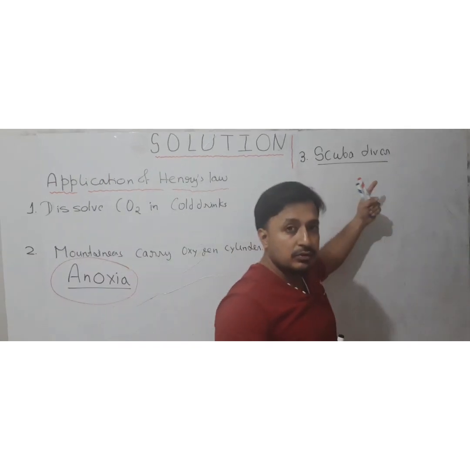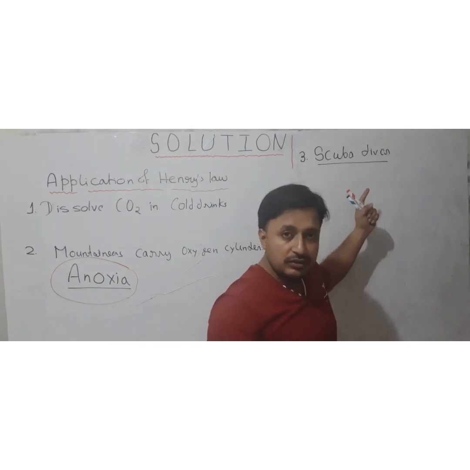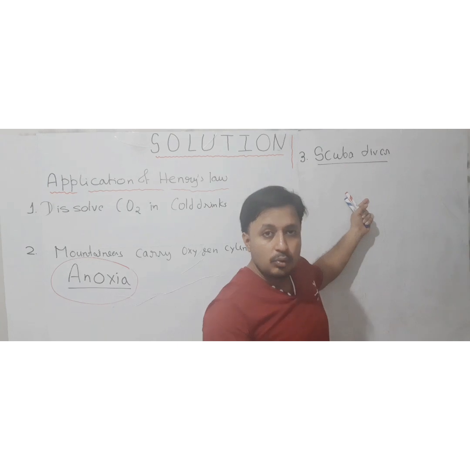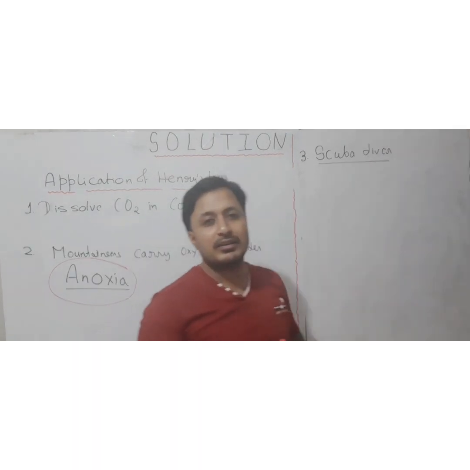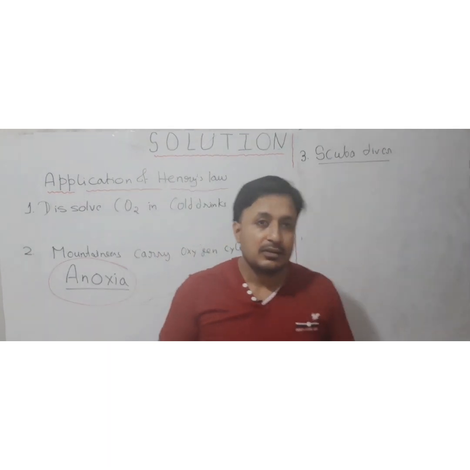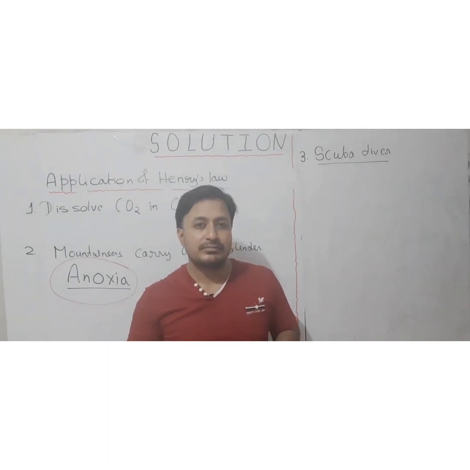So those scuba divers used to carry the oxygen cylinder under the sea in order to have a sufficient amount of oxygen. Okay, but one important factor here, under the sea the pressure is very high.